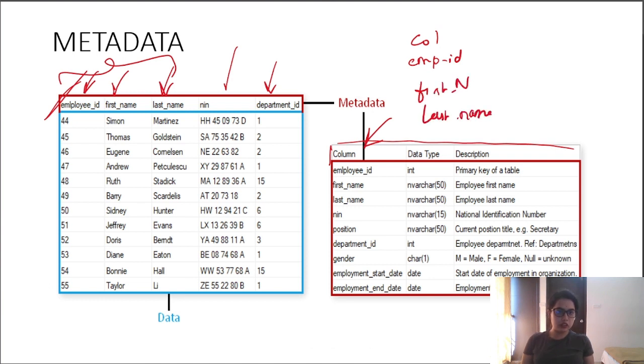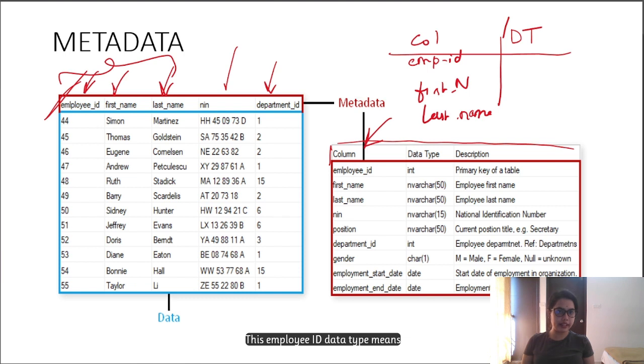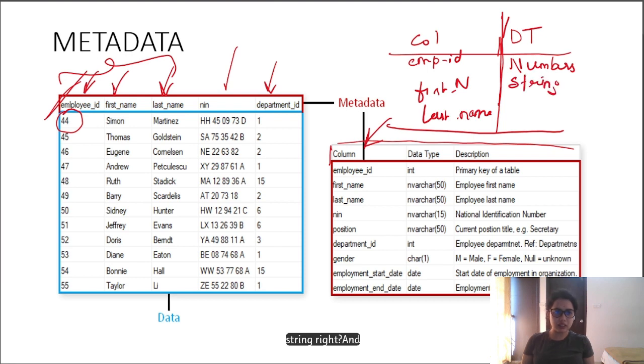Okay. So what is the data type of this employee ID? Data type means what kind of data this employee ID holds. So can we see it holds something like numbers, right? Number, you can see it is holding numbers type of data. First name is holding something like string, right?